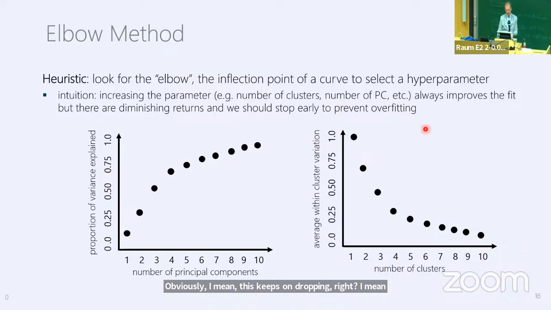But looking at this, what is now the right number of clusters? Well, by a completely heuristic, not really well-founded method called the elbow method, you basically find the elbow, and that would choose this point over here. Which makes sense, right? These here don't really add so much. For the principal components, you have the opposite, the amount of variance explained.